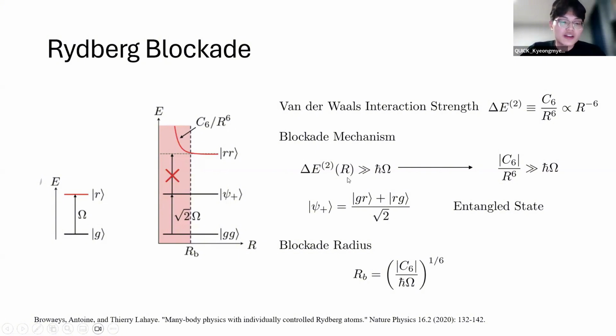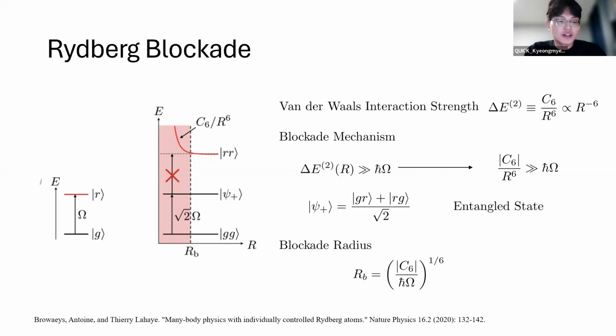This is because the interaction between Rydberg atoms can be approximated as the dipole-dipole interaction, which leads to the energy shift being proportional to r to the power of -6, where r is the separation distance between the atoms. This implies that the energy shift diverges at r values close to 0, as you can see in this graph.